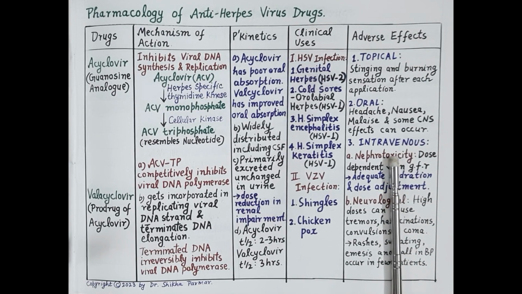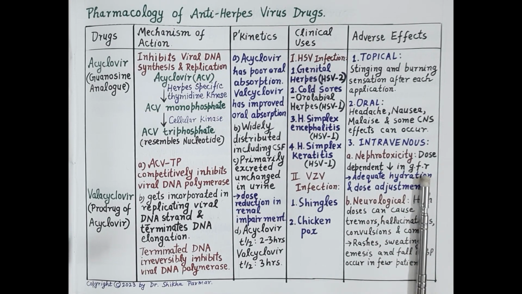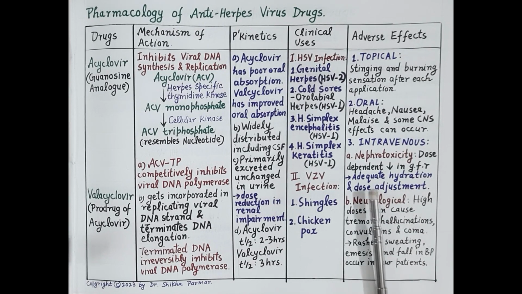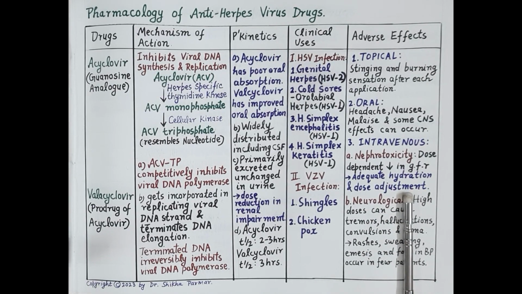Intravenous acyclovir is toxic and it produces nephrotoxicity. It causes a dose dependent fall in the glomerular filtration rate. Adequate hydration and dose adjustment is essential to reduce the nephrotoxic effect of acyclovir.